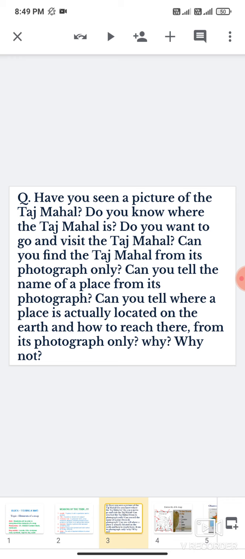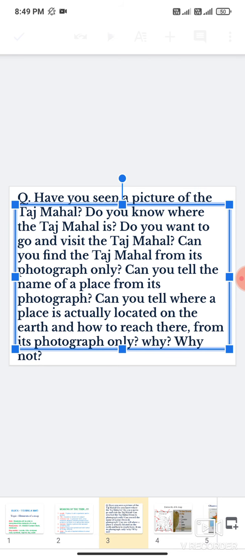Can you tell the name of a place from its photograph? And can you tell where a place is actually located on the earth and how to reach there from its photograph only? Why and why not?